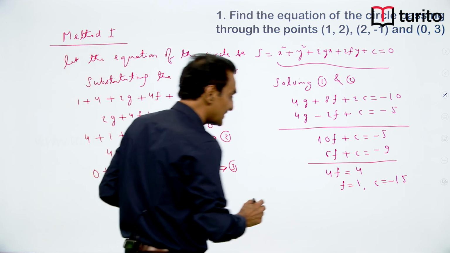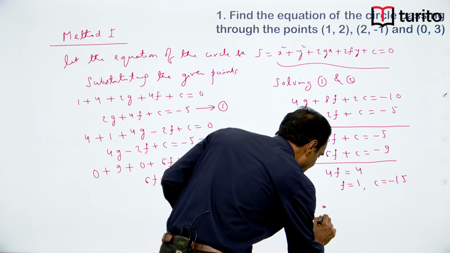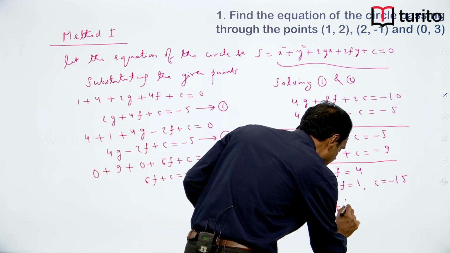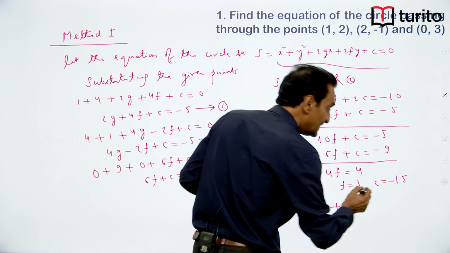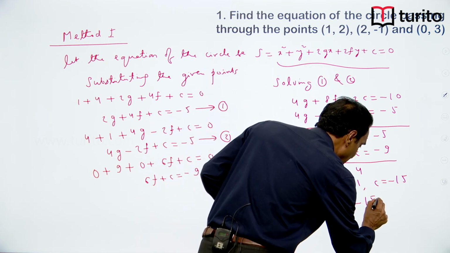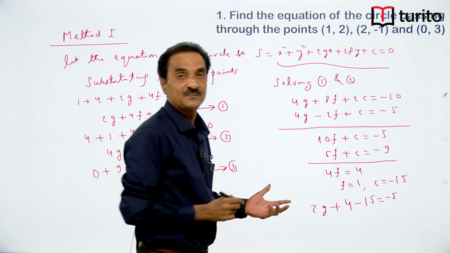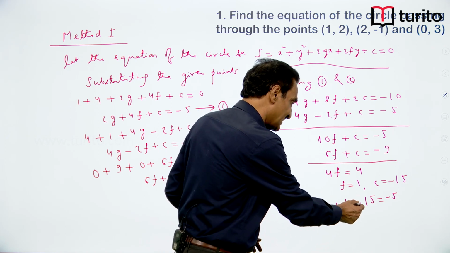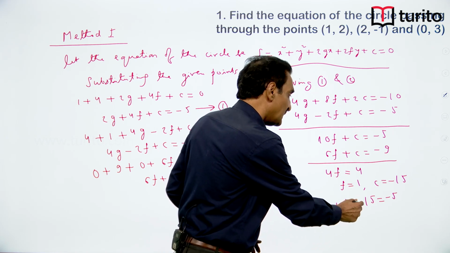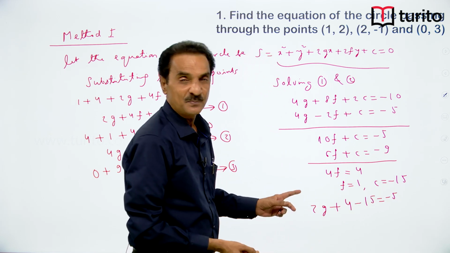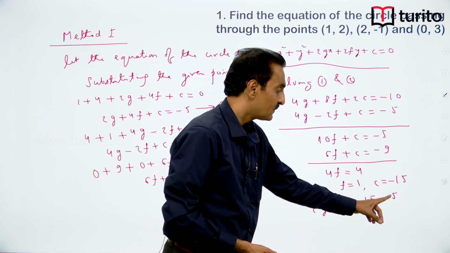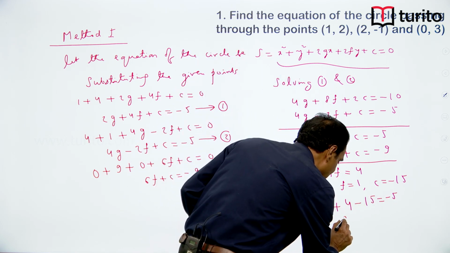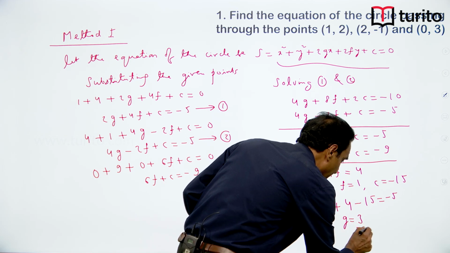Let us substitute in the first equation, 2g plus 4f is 4 into 1, 4, plus c means minus 15 is equal to minus 5. Then how much is g? This is minus 11. If it goes that side, it becomes plus 11. 11 minus 5, it is 6. 2g is equal to 6 means g is equal to 3.